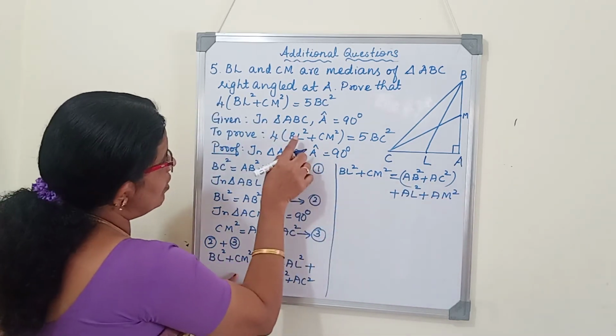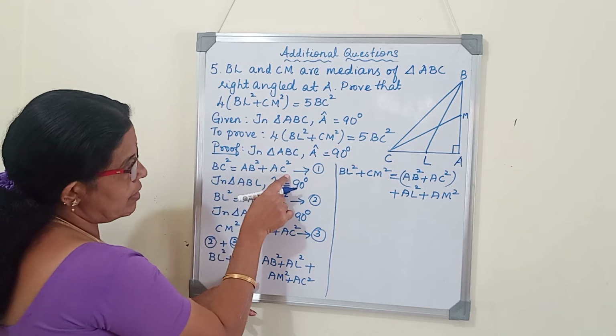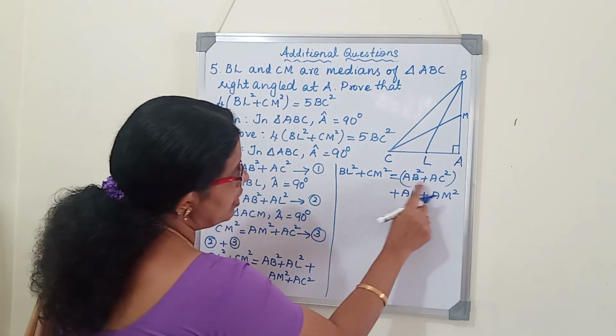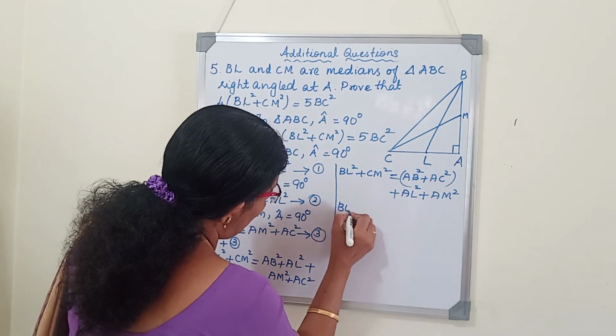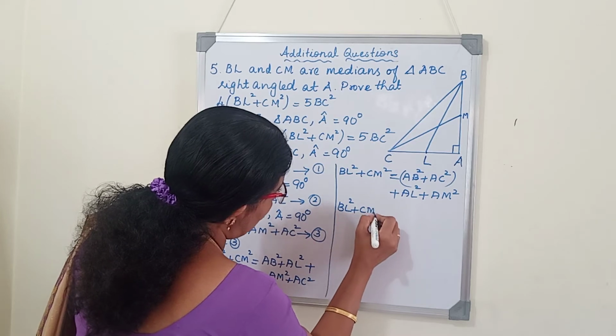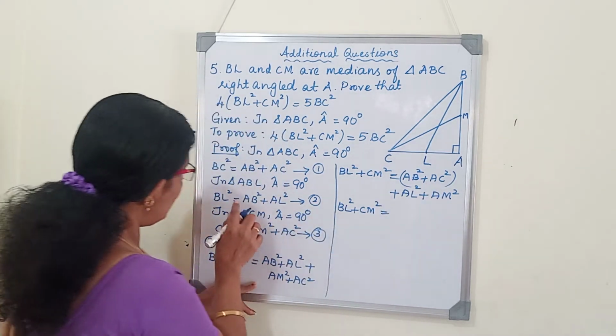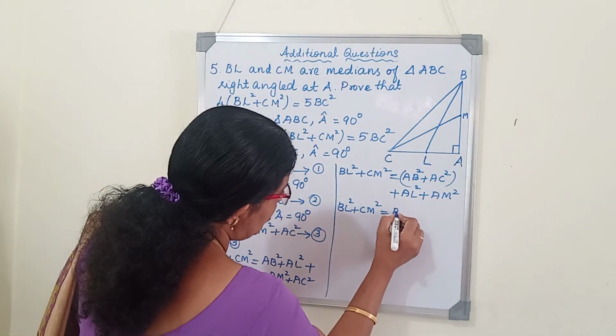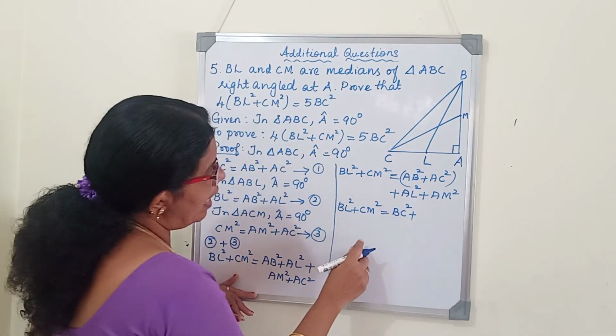Now look at equation 1: AB square plus AC square is BC square. So BL square plus CM square equals BC square plus AL square plus AM square.